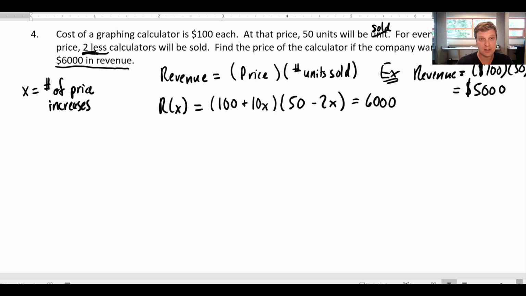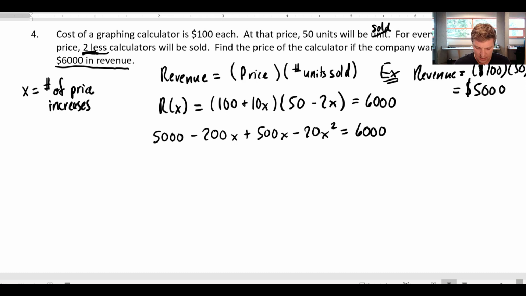So I need to expand this out, and that's what I'm going to do first. So 100 times 50 will give me 5,000, and then minus 200x, and then 10 times 50 is going to give me plus 500x, and then 10x times minus 2x is going to give me minus 20x squared, and this whole thing equals 6,000.